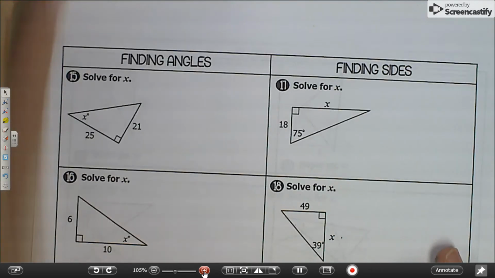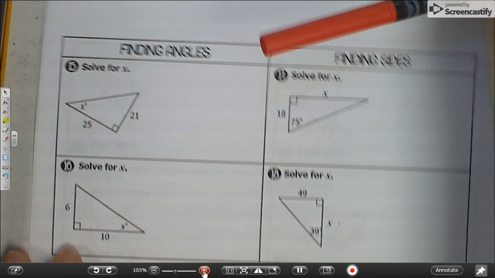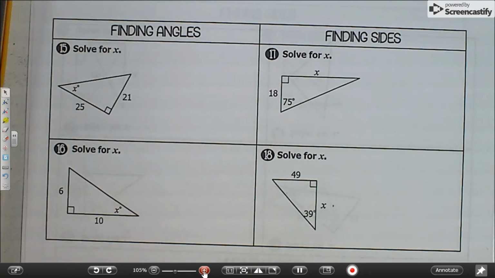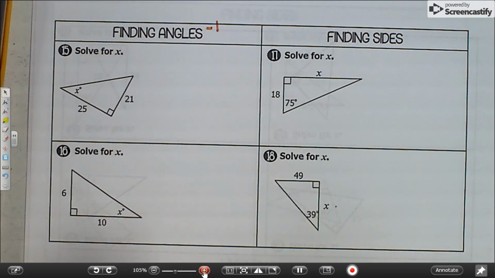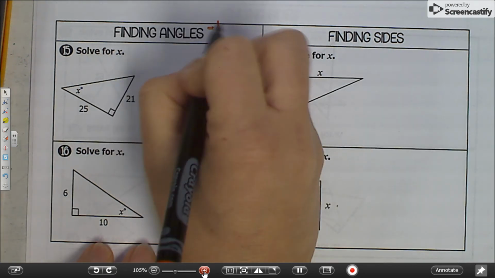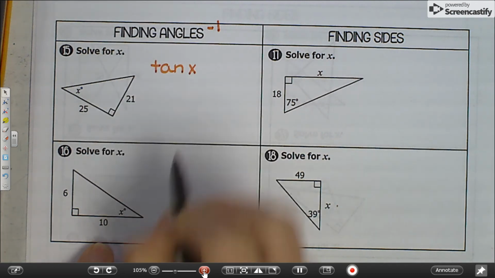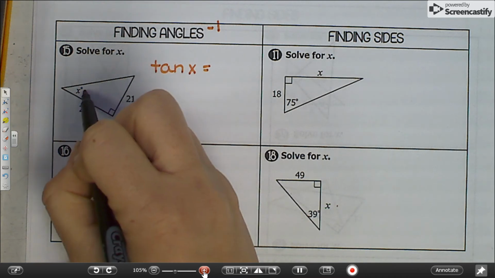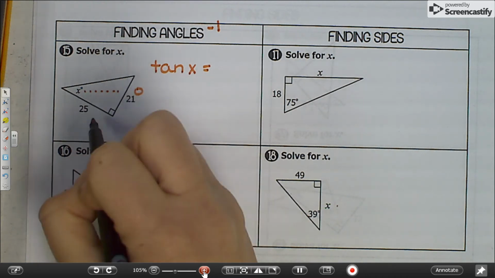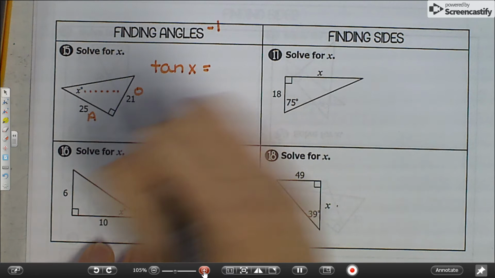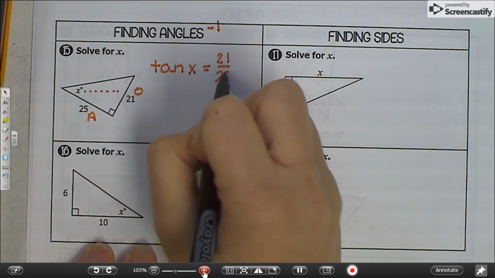All right, let's do some. You should be an expert by now because it's exactly the same as sine and cosine. The hard part is going to be later when we have to decide which to use when. So for angles, we're going to use the inverse. We want to set it up. Tangent x, we're looking for an angle, equals opposite over adjacent, 21 over 25.